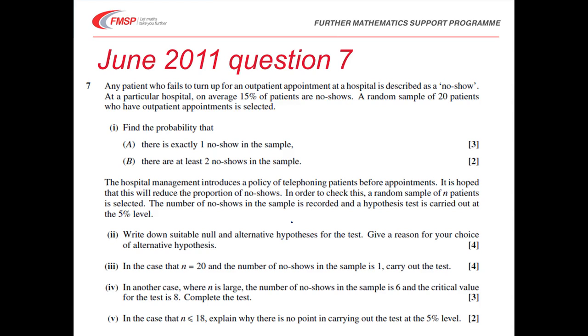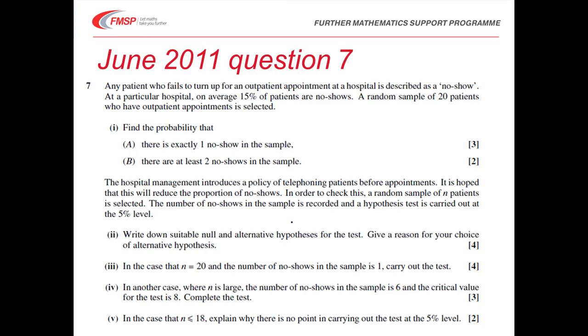So the first thing to note is that these questions tend to be very long. They come towards the end of the paper. And the first parts of the question are often straightforward applications of the binomial distribution. It's a very good idea to read through the whole question carefully first and highlight the key points.